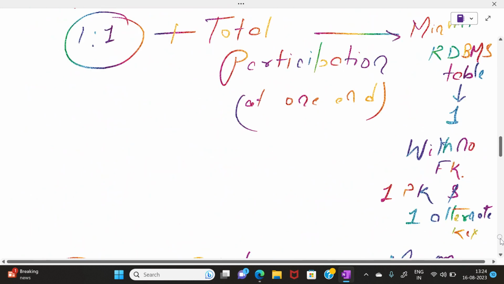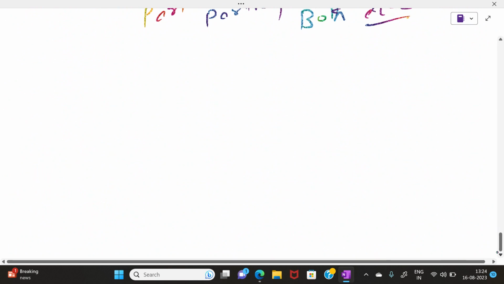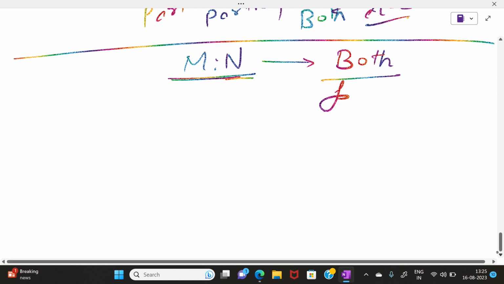We already have seen m:n mapping, but I will definitely illustrate it here, for both the constraints, partial as well as total participation.